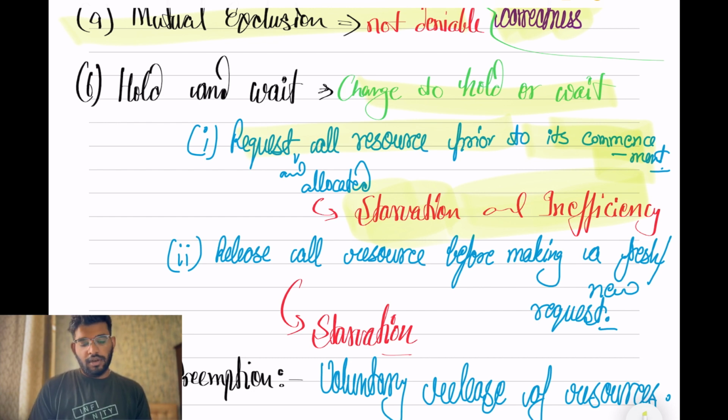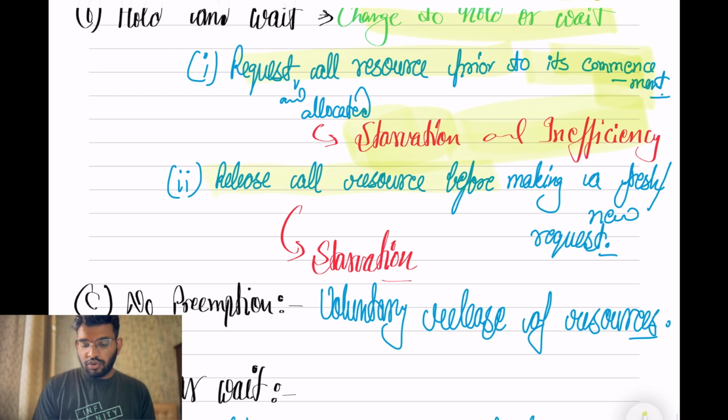Then that resource R10 is used inefficiently. It means that for process P1, there is no use of resource R10 for the initial 99% of the time, which leads to inefficiency and starvation. Also, if some other process is waiting for resource R10, or if a process must release all its resources before making a fresh new request, that also leads to starvation.